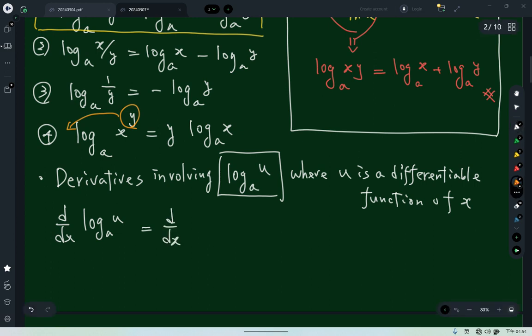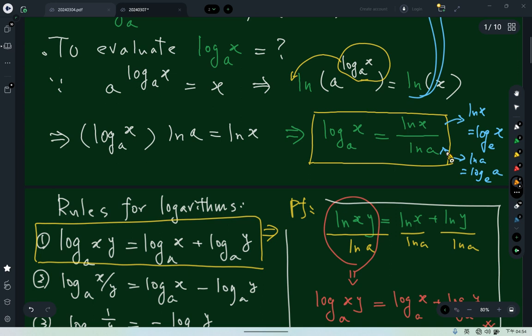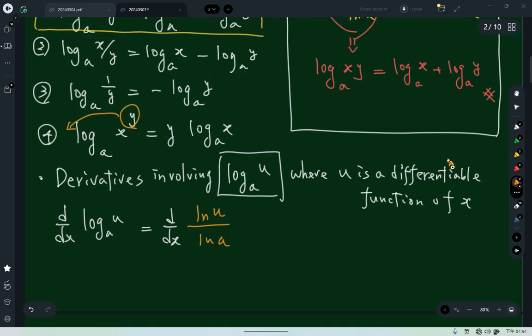Just convert it, become ln u over ln a. Just like this, right? When you encounter this, try to convert it into a normal ln function. So here, I just change it from here to here, right?